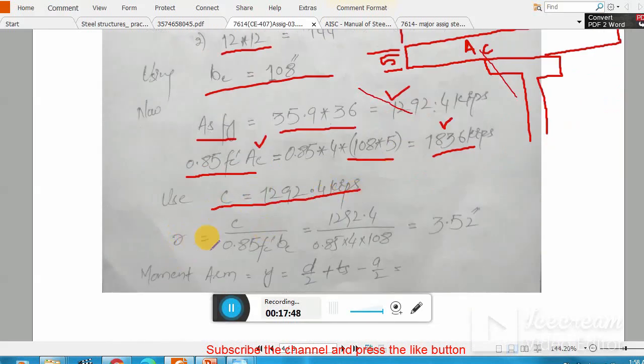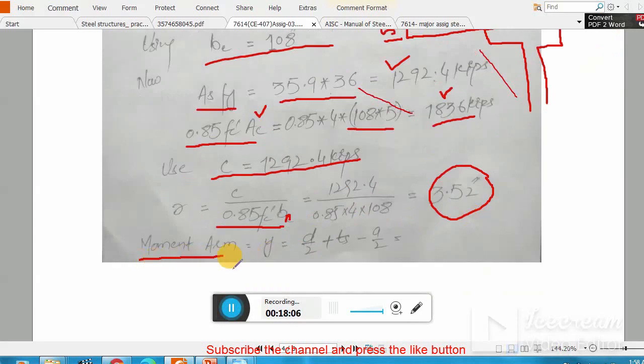Now you need to find your a. So a is nothing but this smaller value C divided by 0.85 fc prime be. This is be, sorry, this is the effective width. So you just need to plug in the values. You got 3.52 inches, your a value. You need to find out your moment arm or lever arm, and I already explained this formula.